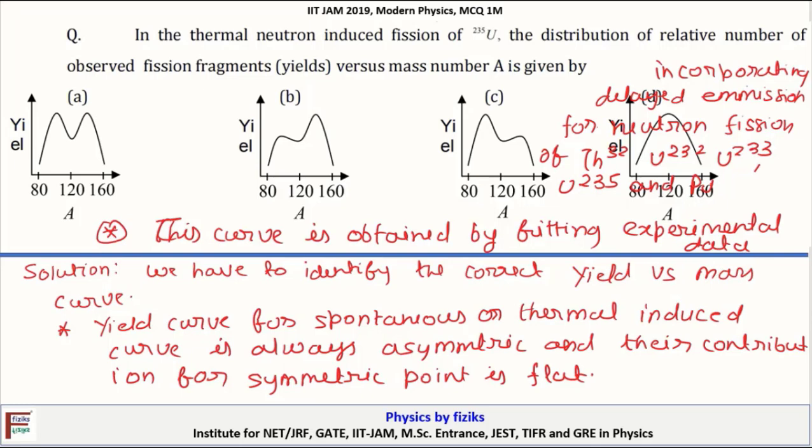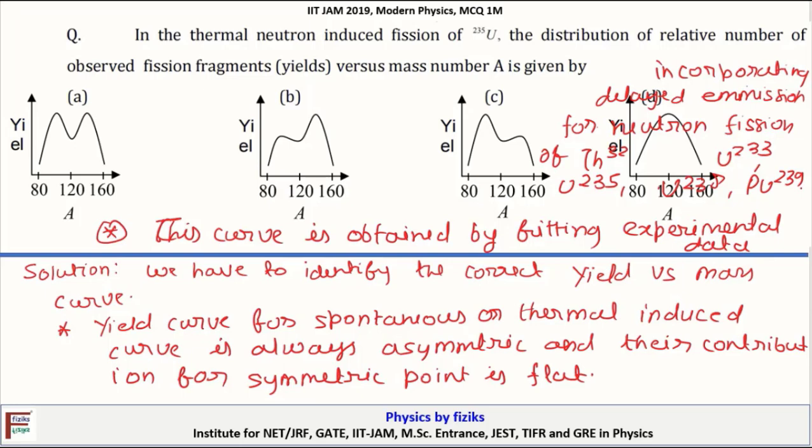Here we have to remove this uranium-232. It's uranium-233, 235, uranium-238 and Pu-239.